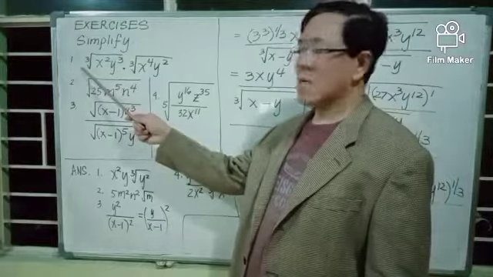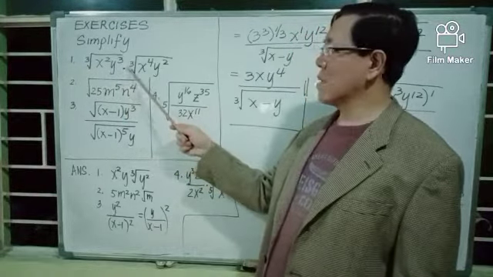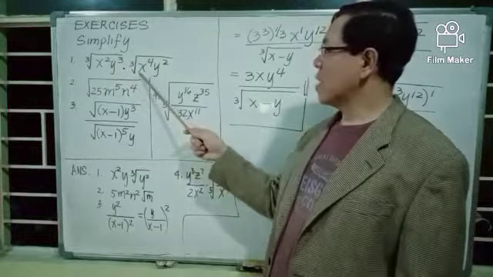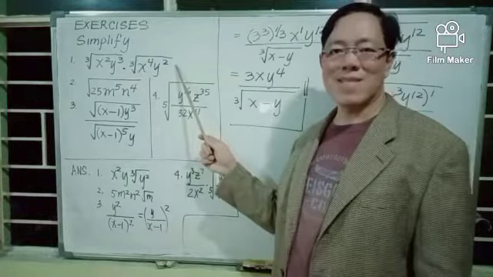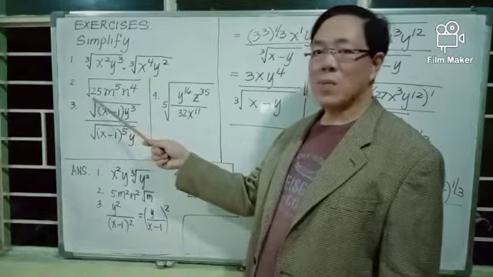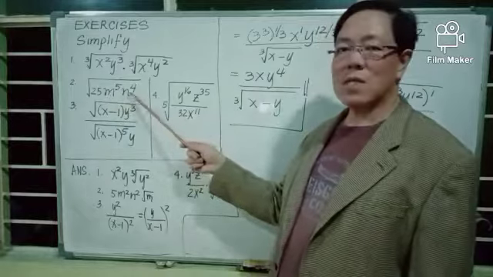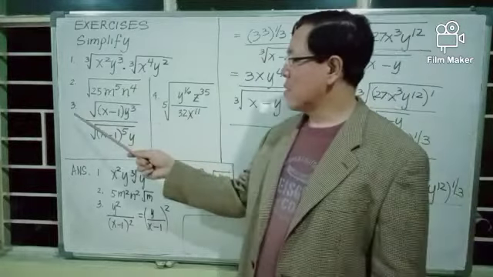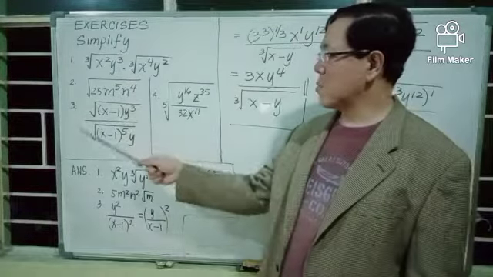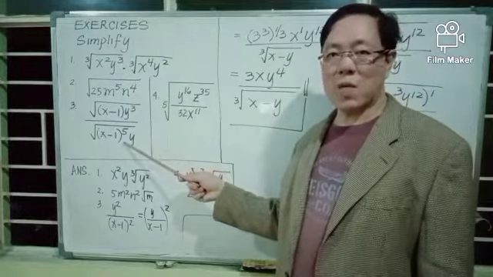Number 1, we have the cube root of x squared y cubed multiplied by the cube root of x raised to 4 y squared. Number 2, we have the square root of 25 multiplied by m raised to 5 multiplied by n raised to 4. Number 3, we have a rational expression whose numerator and denominator are radical expressions.